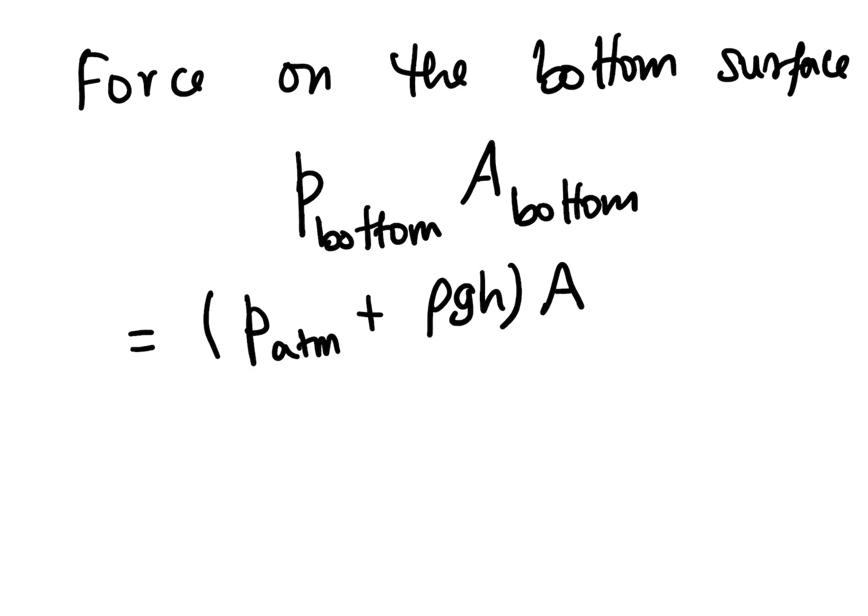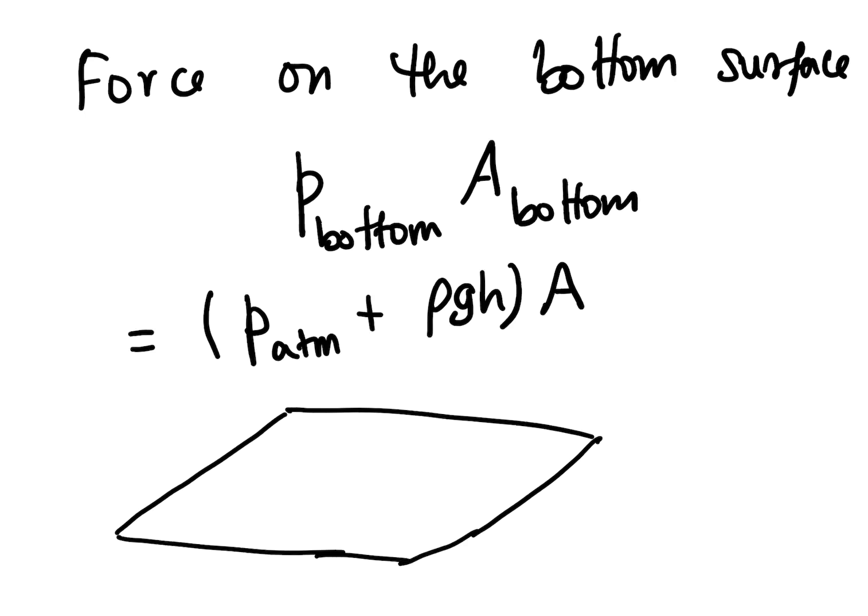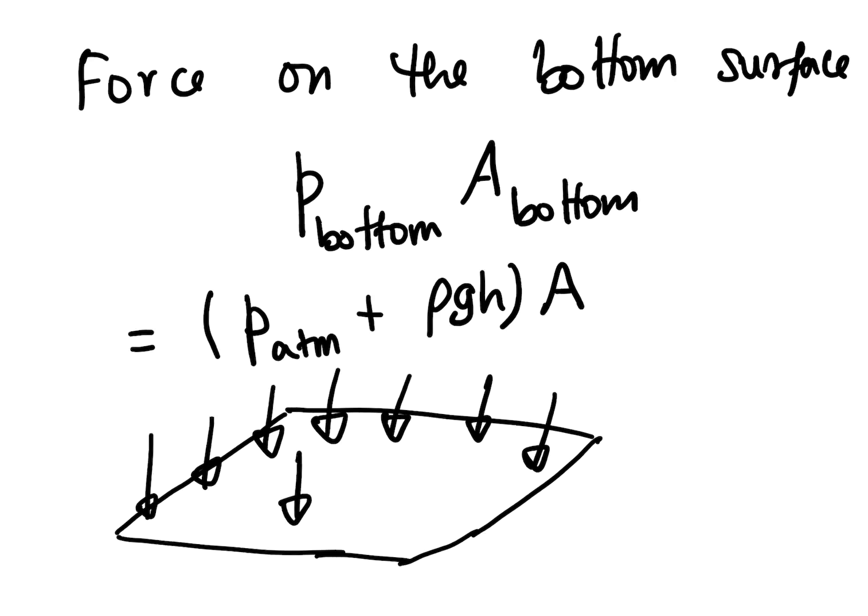Okay. Now if you think of that rectangular area, what you have is a uniform pressure distribution. That is, this load is uniform across the entire face. Okay, so I'm just going to draw arrows everywhere, and what I am trying to convey is that they all have the same length, or they are all of the same force per unit area.